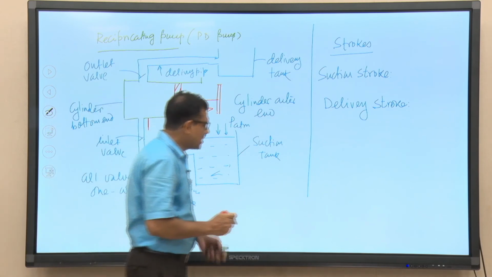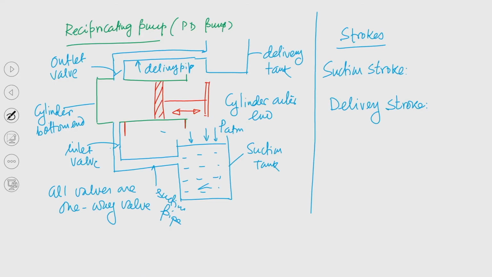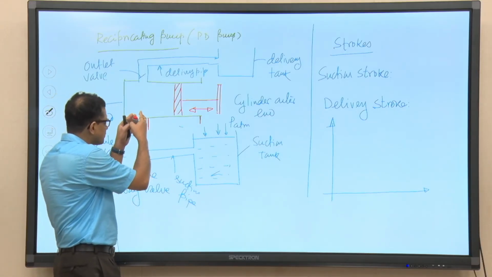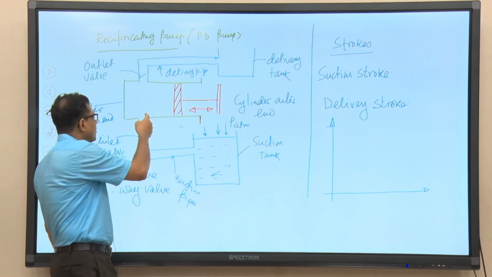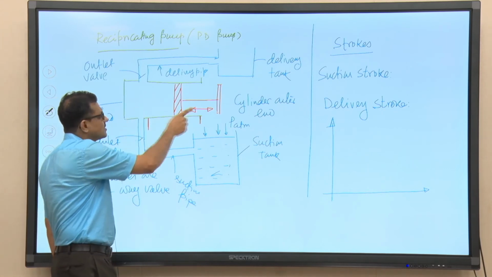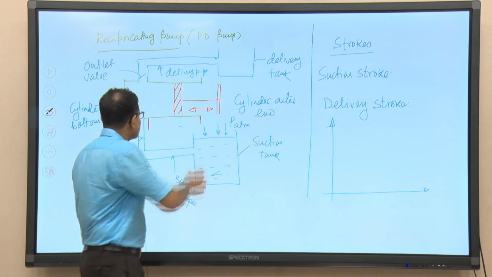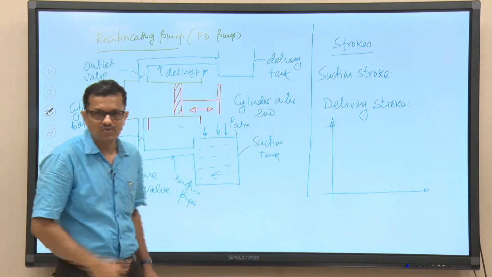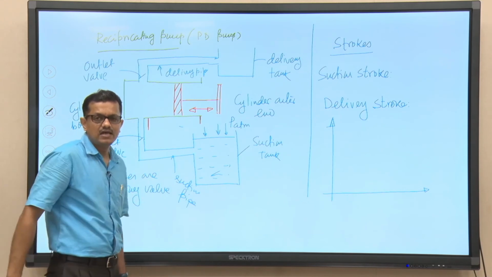Okay. So, today I will briefly discuss what we have understood from today's discussion. When the piston moves from the cylinder bottom end to the cylinder outer end, the pressure inside the cylinder is reduced, and that should be our objective when designing a reciprocating pump.